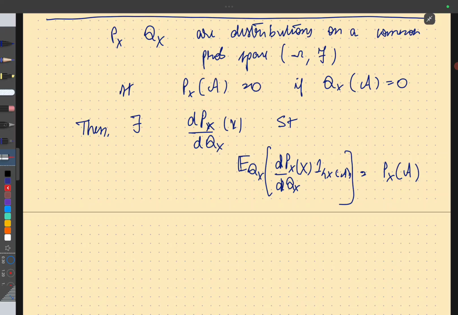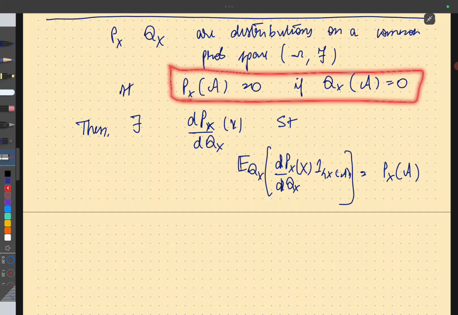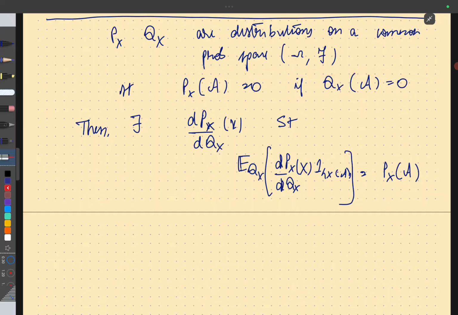For example, you take a discrete distribution. A discrete distribution does not have a density because it essentially violates this particular property. If you take any finite set, what is the length of this set? It's 0, right? But on the other hand, what is the probability of that particular set? Something that is non-zero. So for such distributions, a density does not exist. So a density is in some sense a Radon-Nikodym derivative with respect to what they call the Borel measure.